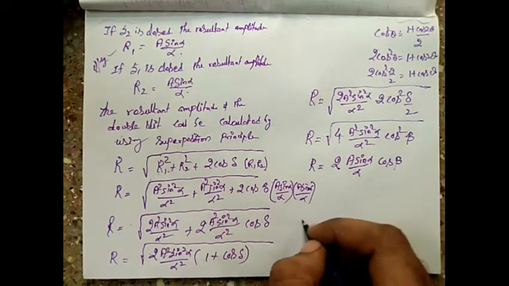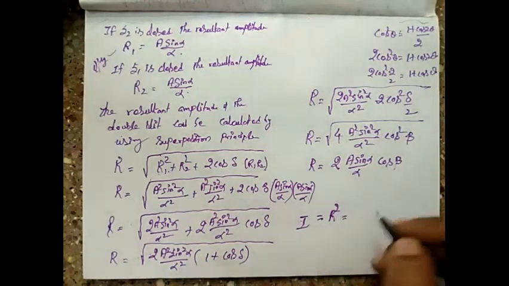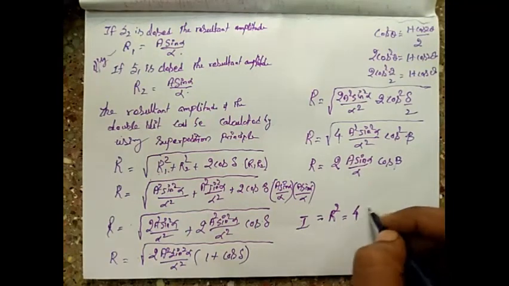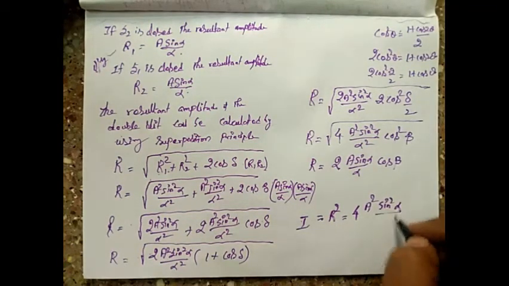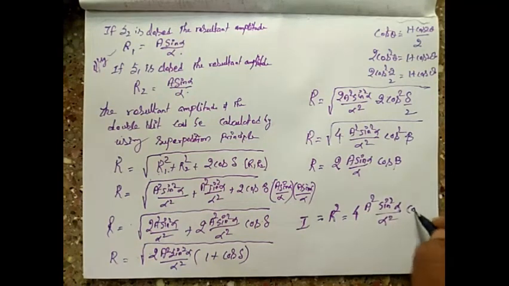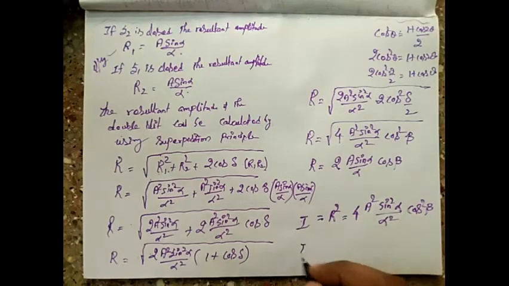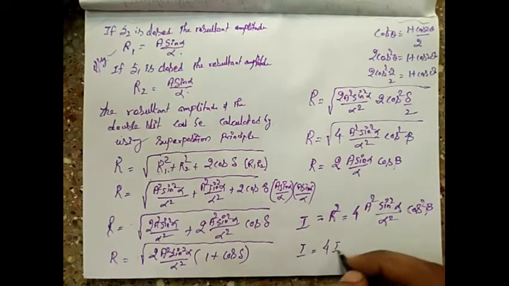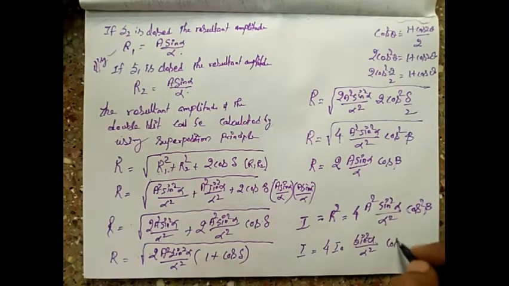Then intensity I can be written as R square. So 4A square sin square alpha by alpha square cos square beta, which means that I is equal to 4I naught sin square alpha by alpha square cos square beta.